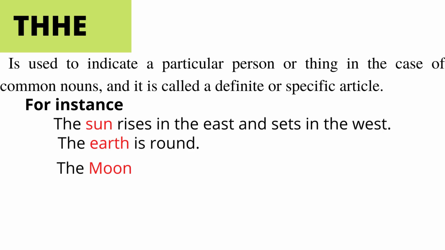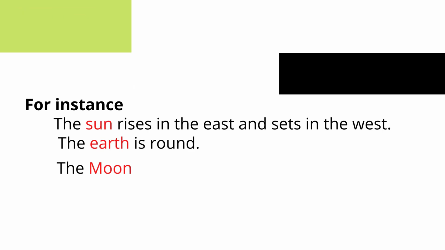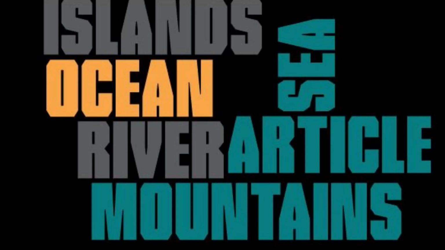Also, we can use it with the president, the king. We have only one king in the kingdom. Furthermore, we can also use the article with rivers, mountains, oceans, islands, and seas.